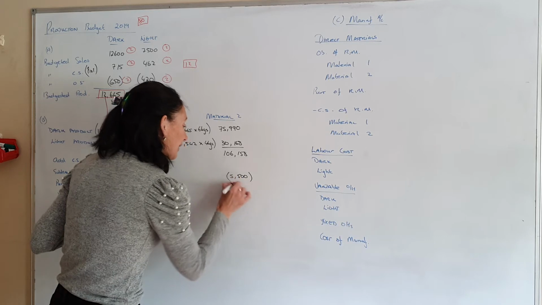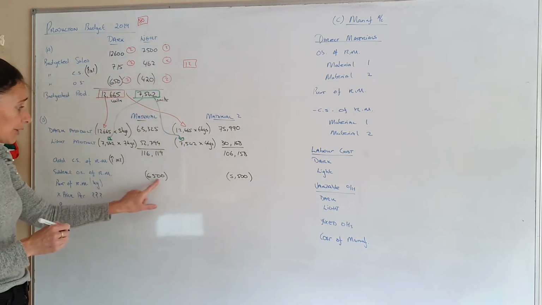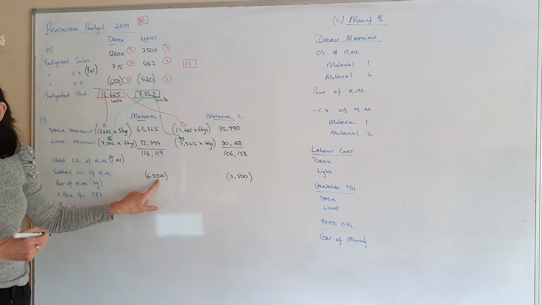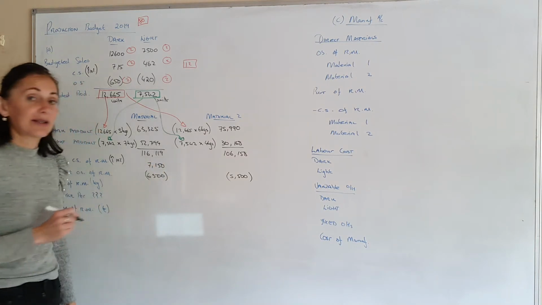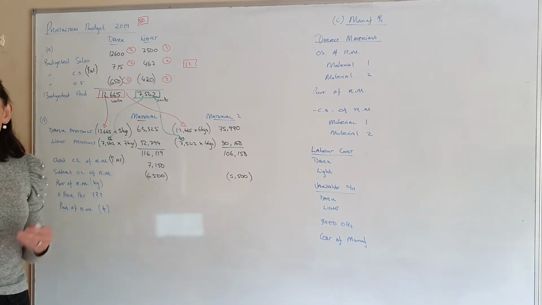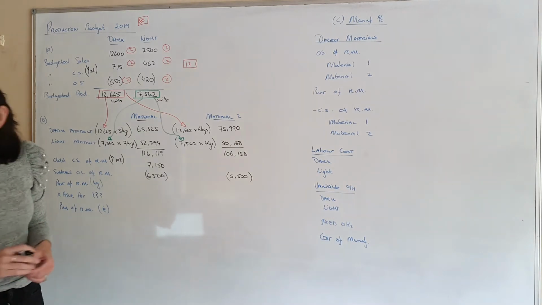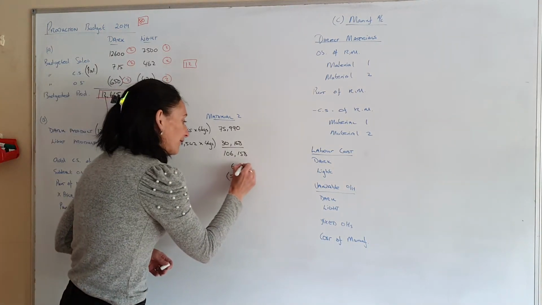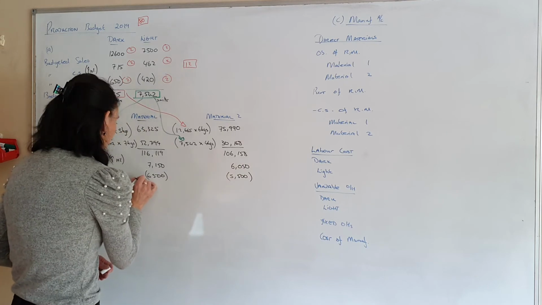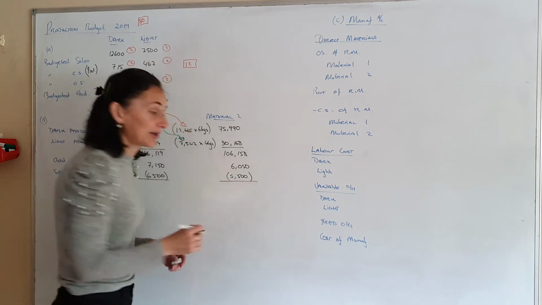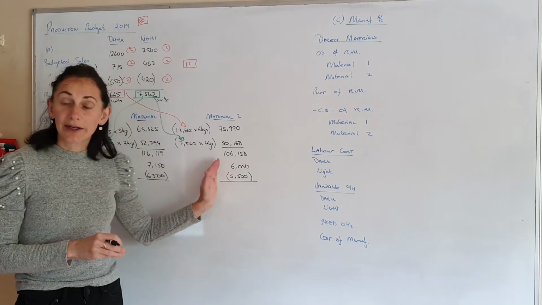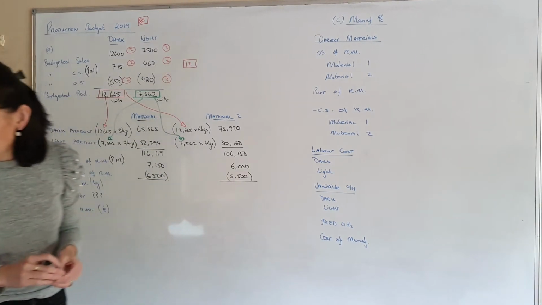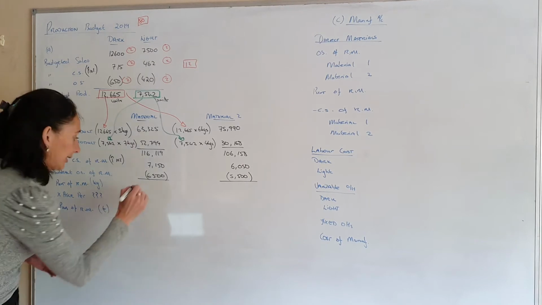So you already have them, so you're going to take them away. And you want to increase this by 10%. So that means you're going to buy 7,150, or you want to have that in your closing stock. And over here you want to have 6,050. Okay, so this is all the raw materials that you need to purchase to satisfy your production and to satisfy the amount of closing stock that you want to have. So that's 116,769.